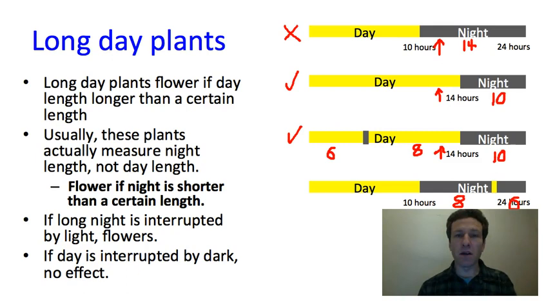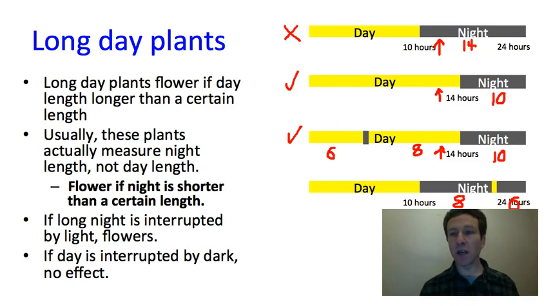In this scenario, it's going to flower if night is shorter than a certain length. And here it has one 8-hour night, and it has another 6-hour night. But because of this break in the middle, it is not seeing this as 14 continuous hours. It sees it as being 2 different night times.